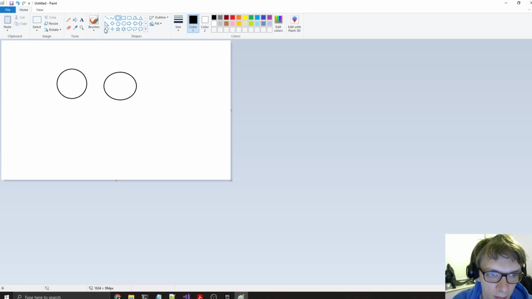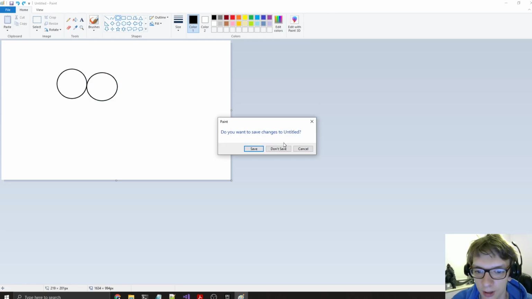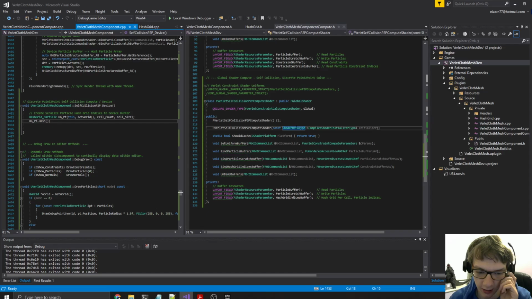Essentially we want to check if the particles are intersecting, if the radii are intersecting. We need to then push them out. We push both out, so this one would also be pushed out to make sure that they only touch but do not intersect. And that's essentially what this implements.